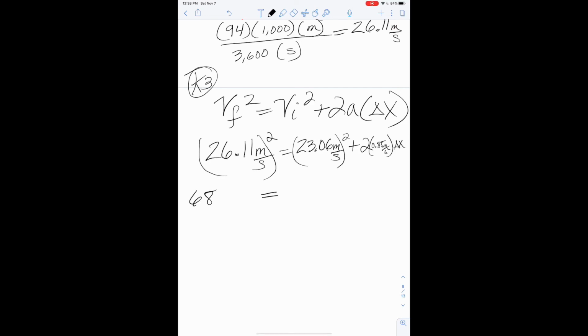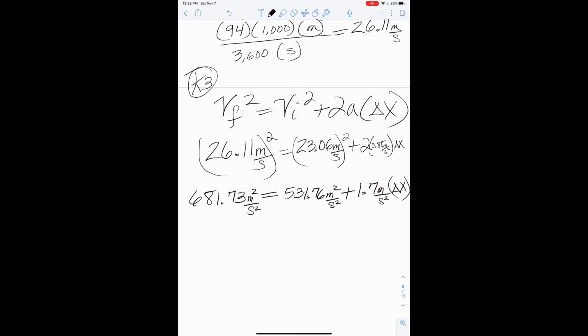681 meters squared per second squared, square the units too. 531.76 meters squared over second squared plus 1.7 meters per second squared times delta x.